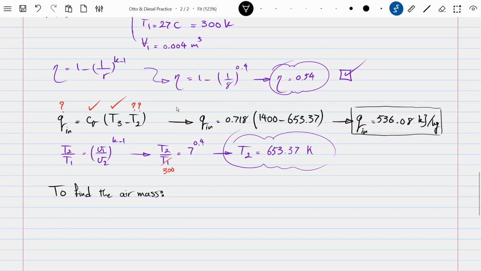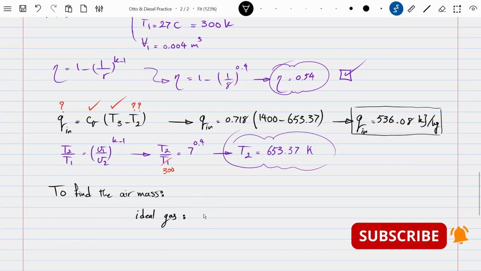To find the air mass, it is actually a very simple process. Remember that the ideal gas equation is true for any stage of the cycle. Also remember that the ideal gas equation comes in different forms.